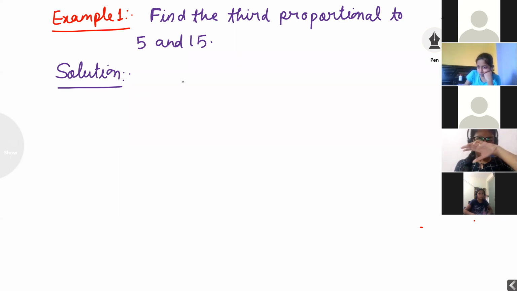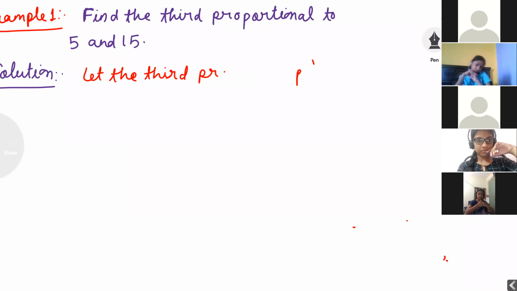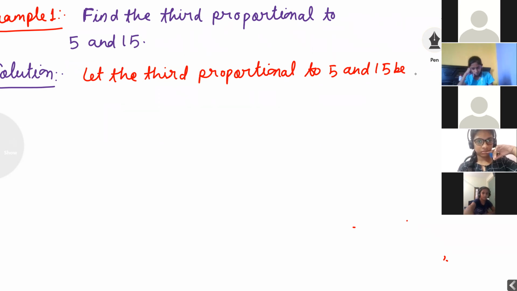Let the third proportional to 5 and 15 be x. I have assumed the third proportional between 5 and 15 is x.